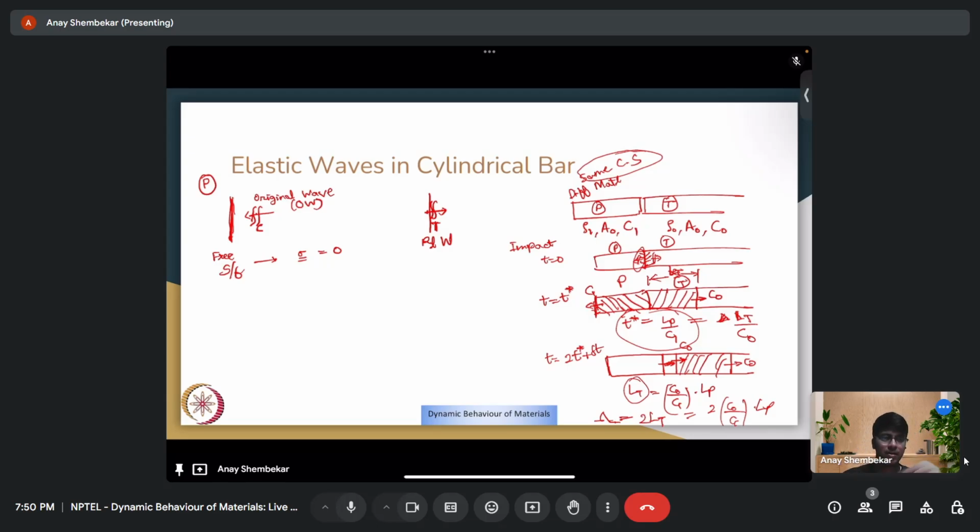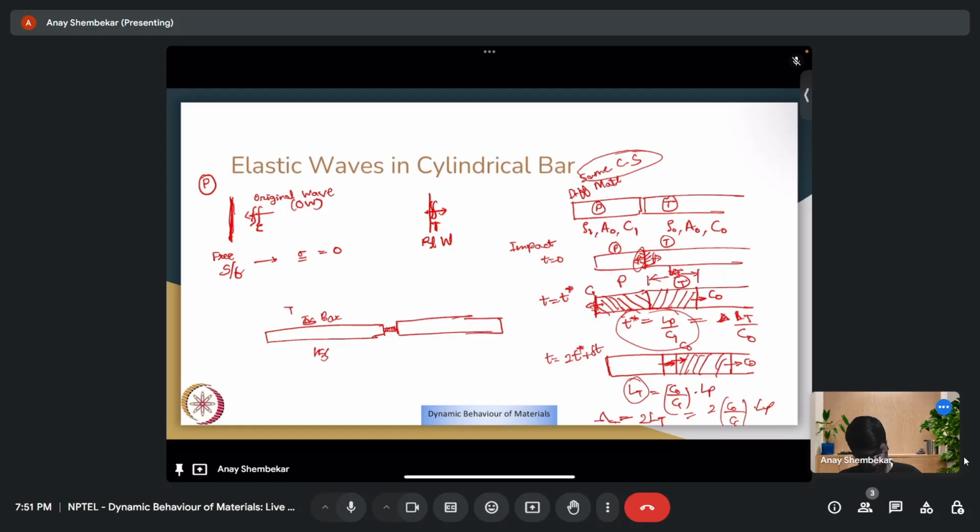Why this different material thing is important is in the case of a split Hopkinson bar experiment, where you would normally have a high strength steel HSS transmission bar, then a smaller sample, and then another bar to take the energy.